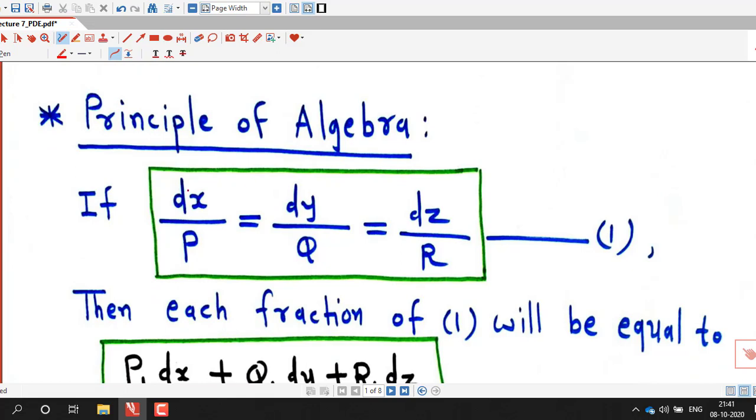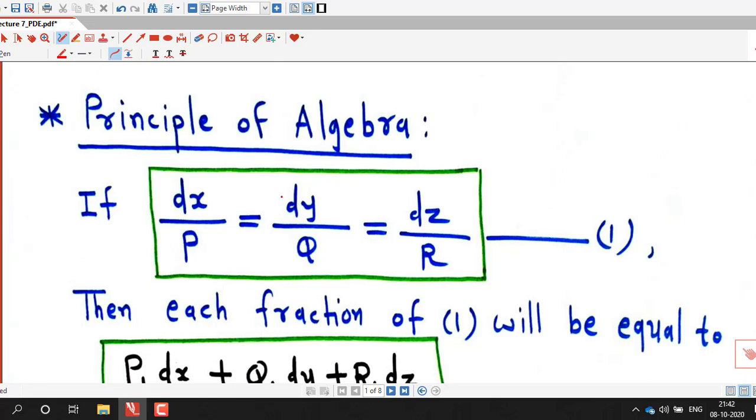If we have three equal fractions, for example dx upon p equal to dy upon q equal to dz upon r, then we can multiply the first fraction by p1 in the numerator as well as in the denominator.